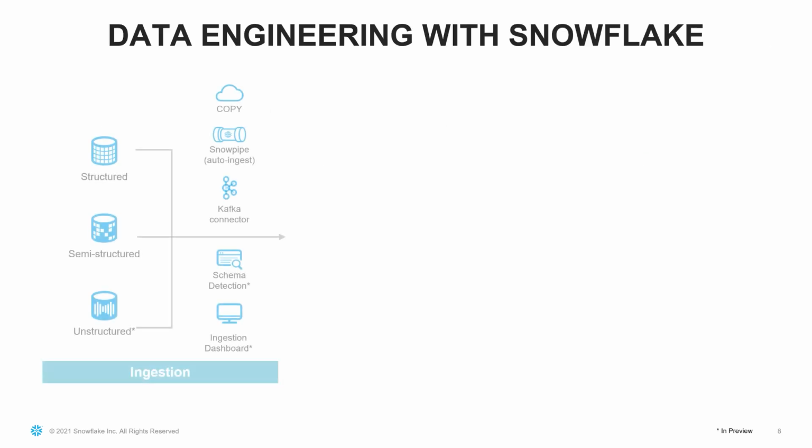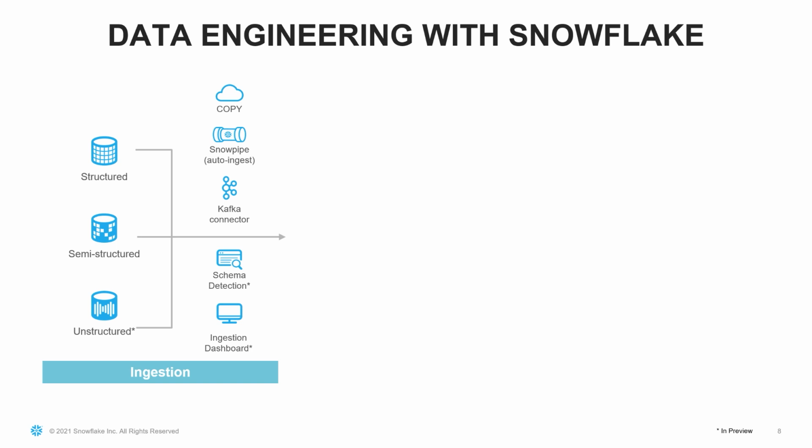So let's talk about some of the basic building blocks of data engineering in Snowflake. Those of us who are new in Snowflake, you will find this informative. Those of us who have been operating in Snowflake, we will talk and highlight some of the newer pieces here. So on the data ingestion side, we allow you to ingest all types of data using a variety of options and services like COPY, SNOWPIPE, and the Kafka connector, which lets you move data from batch as well as from streaming sources.